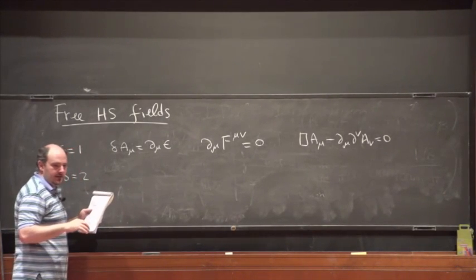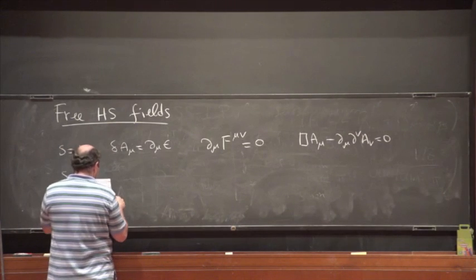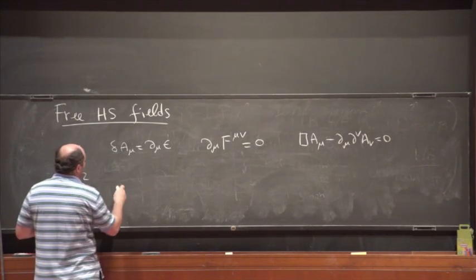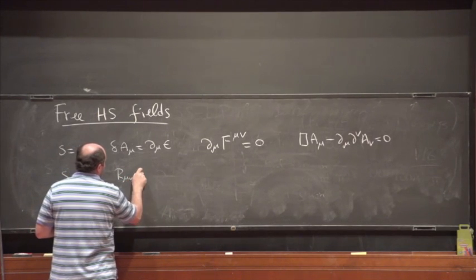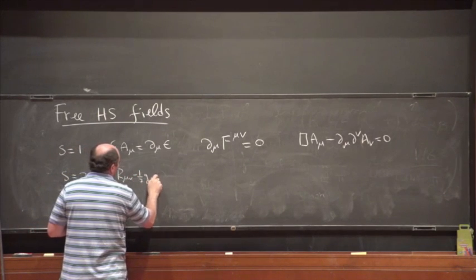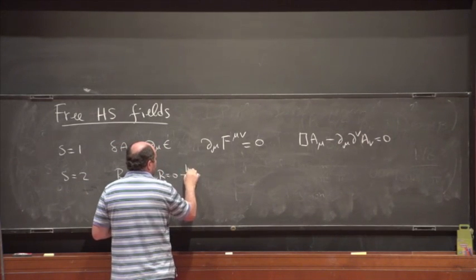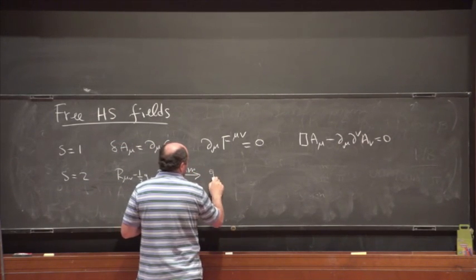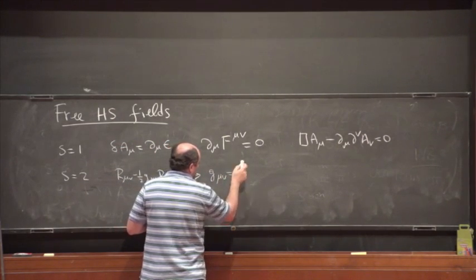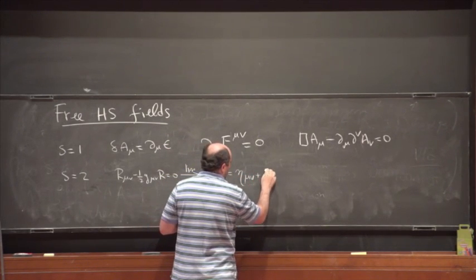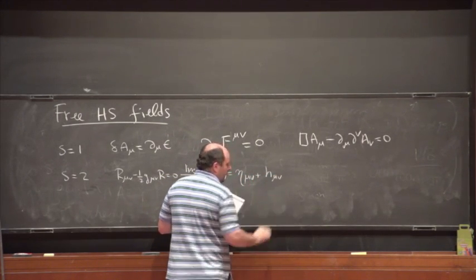Or spin 2, we can think of linearized gravity. So we linearize the Einstein equation by setting the metric to be, so I'm doing flat space first.